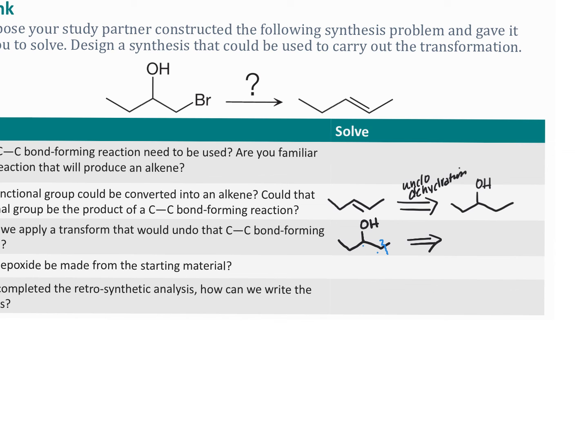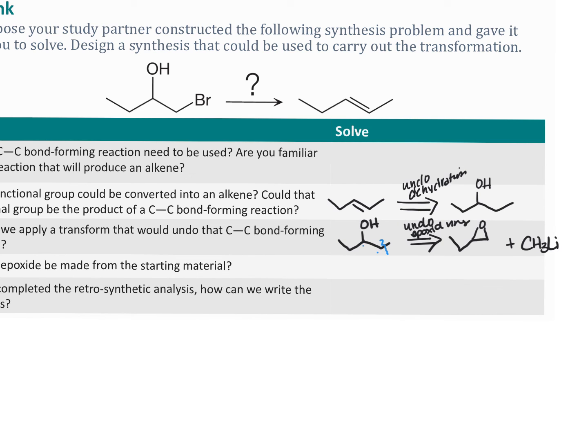So when we do that, it would look like this. And then we could use a Grignard, we could use a lithium reagent, we could use one of those to undo that epoxide ring.